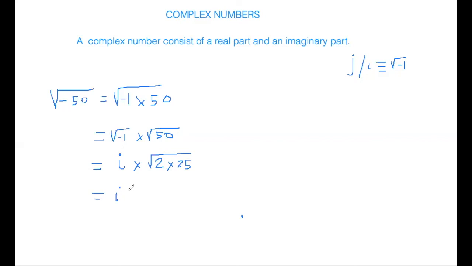So I have it as root 2 times root 25. Now, having this, I have i times the square root of 25 is 5. So it means I can rewrite this as 5 root 2. So that means the square root of -50 is i 5 root 2. Or we could have it as 5 root 2 i.